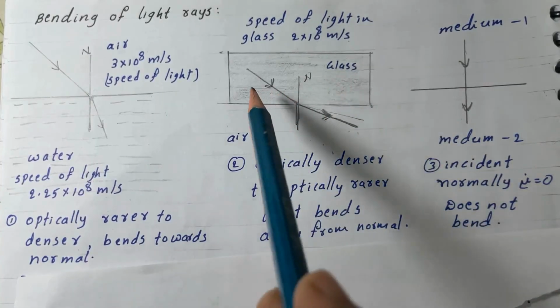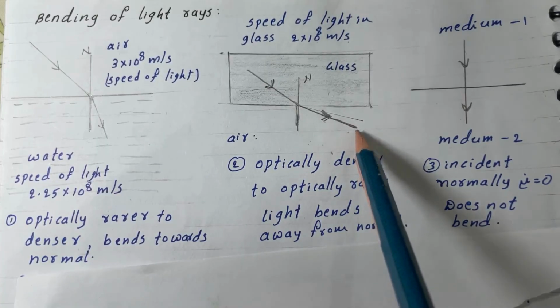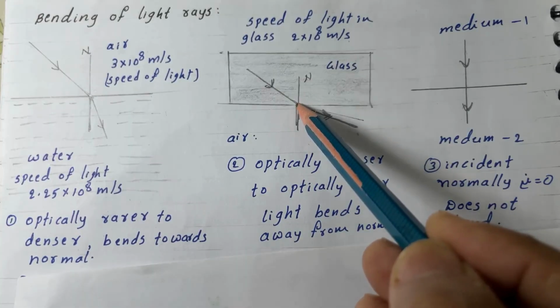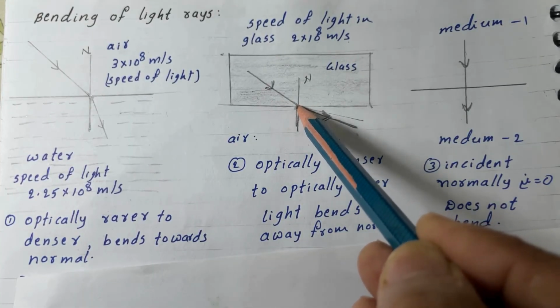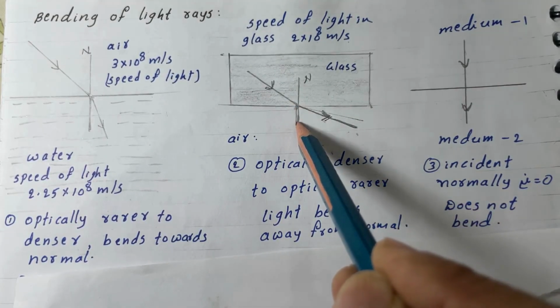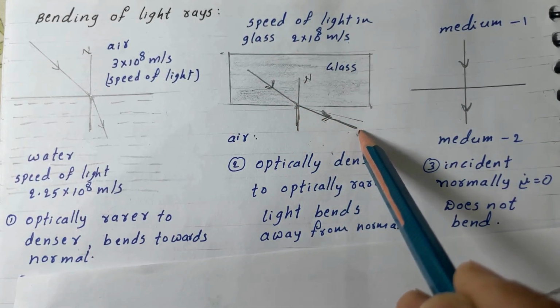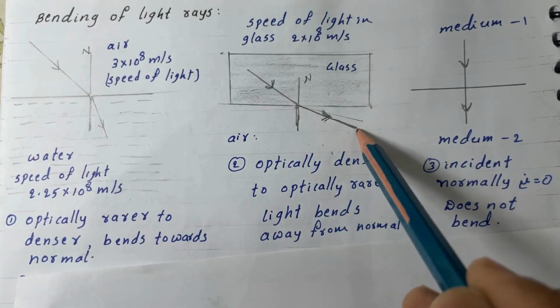Now light is traveling from the optically denser medium to the rarer medium, and this is the point of incidence. At this point draw a normal, then light bends away from the normal.